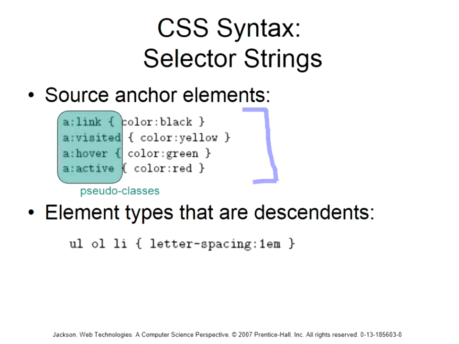So this is a style for anchors. That means when we visit a link, the color will be yellow. If the link is activated, the color is red. Is it clear?